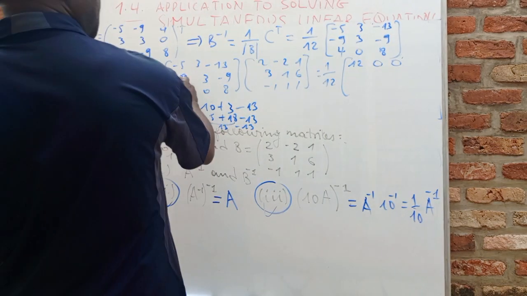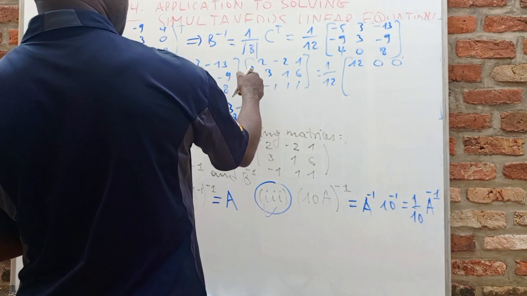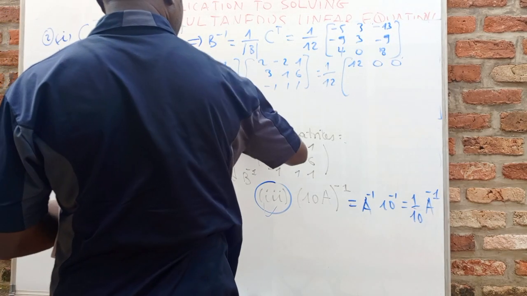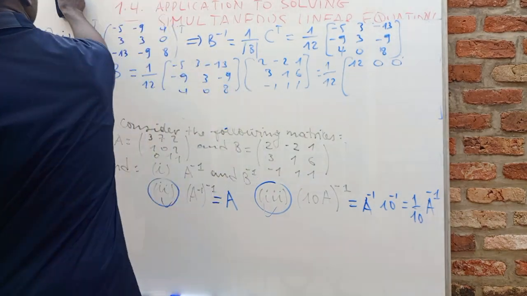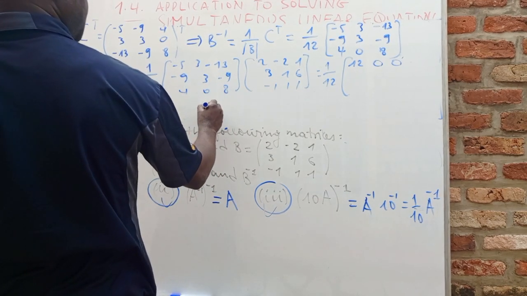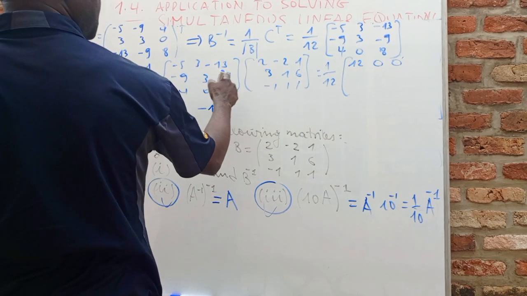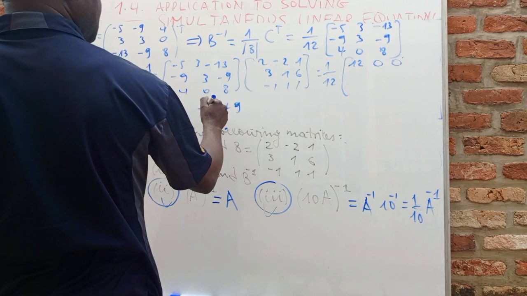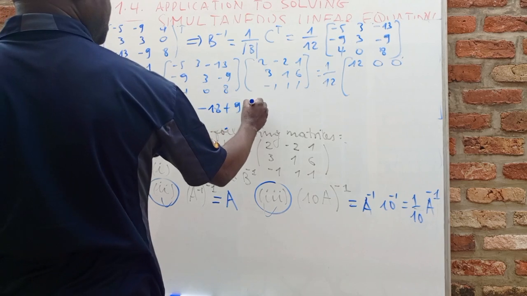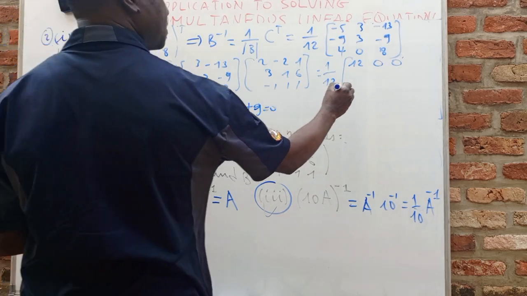So let me use the second row times this. Let me use this space. So I have the second row, negative 18 plus 9 plus 9. It is 0, first correct.